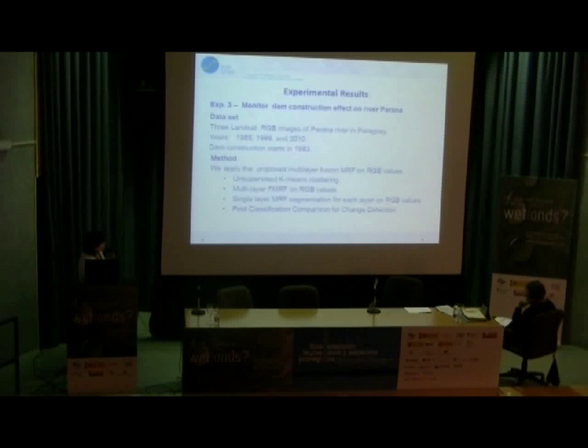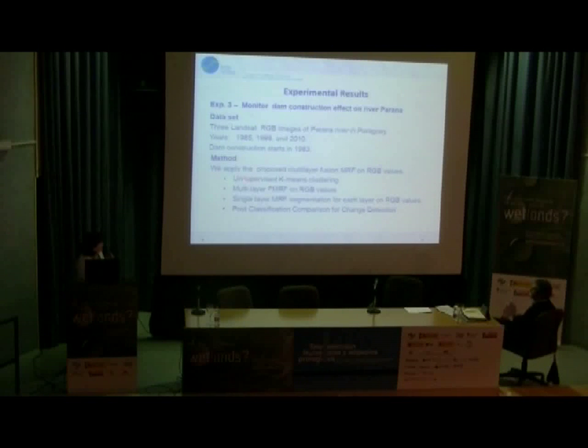And the purpose was to monitor the effect of the dam, which started in 1983, but didn't go to work until 1993 actually. So the image of 1985 is the situation of the river before the dam effect starts.